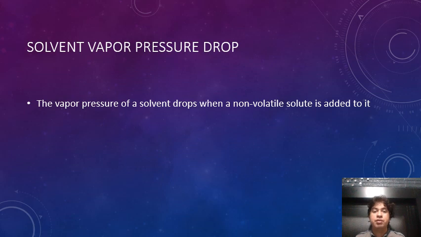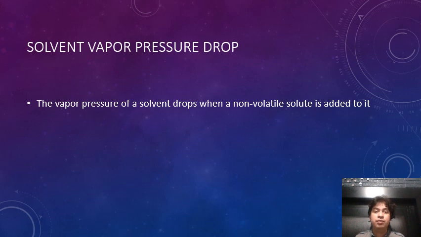Therefore, the decrease in vapor pressure of the solvent in a solution is proportional to the mole fraction of the solute. The vapor pressure of a solvent drops when a non-volatile solute is added to it. This effect is the result of two factors.